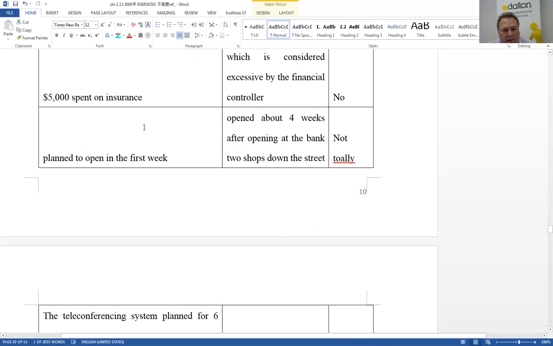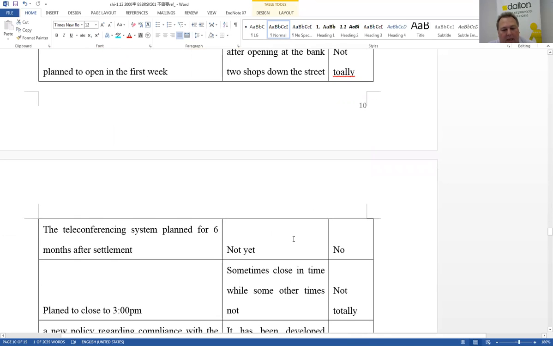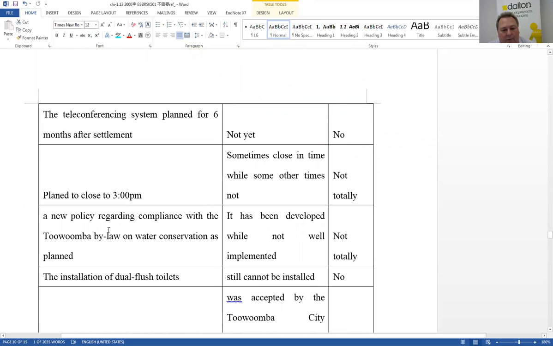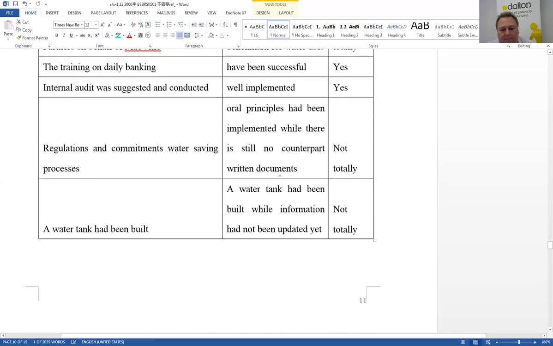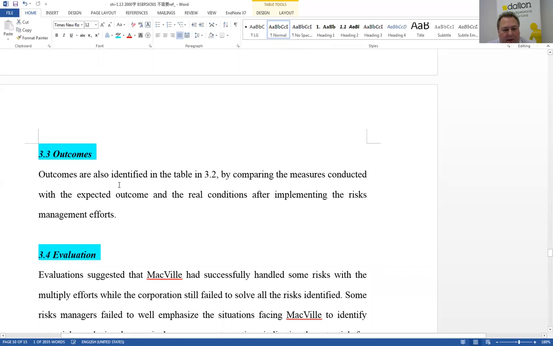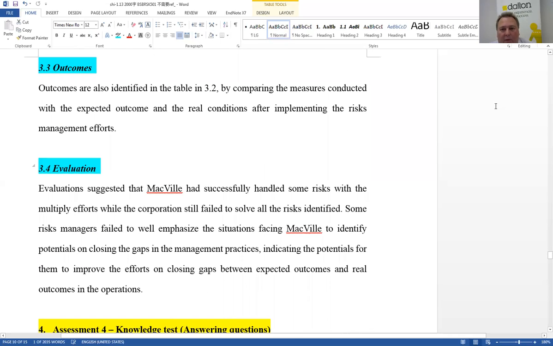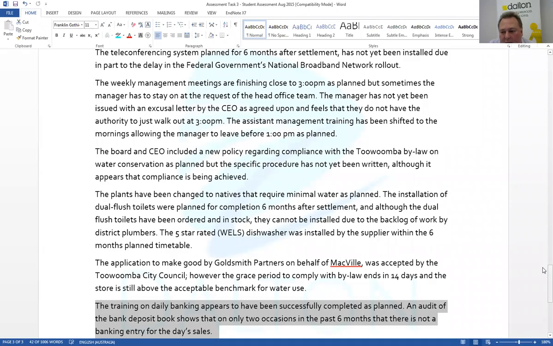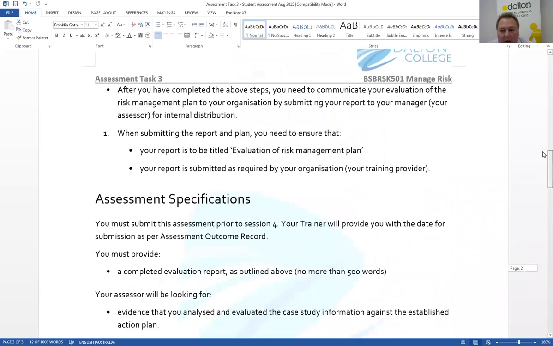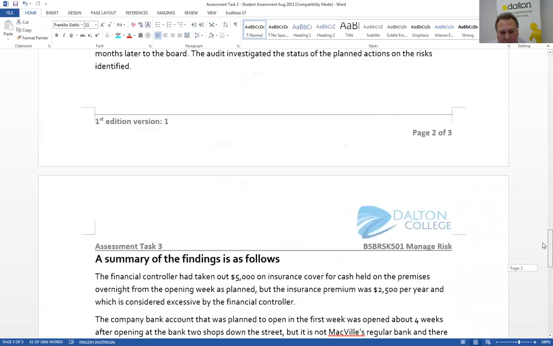Put that all in there, and in addition to this, we've introduced or derived or extracted, if you will, material from a case study and put it into our table, and included outcomes and evaluation. So we'll go back to our assessment task 3. We'll just quickly scroll up and make sure we have all the areas covered.